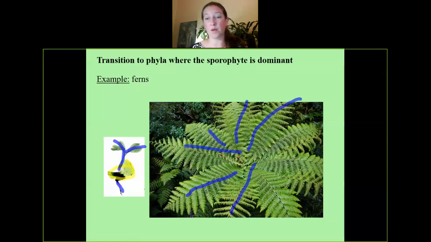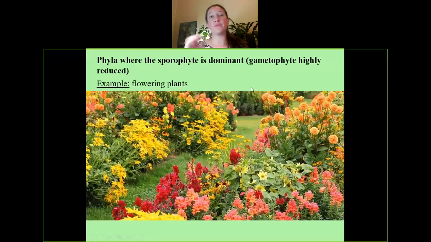So sporophyte dominant, free living, and it's the stage that lasts the most during the life cycle. And then for all the other plants, for the most part, sporophyte is dominant. So in this example of flowering plants, every single plant you see in here, you're looking at the sporophyte plant.